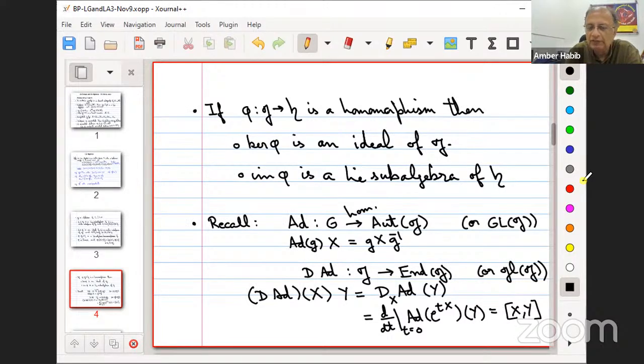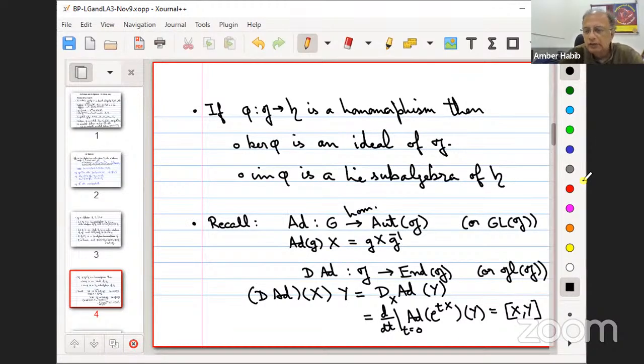Okay, what automorphism is it? So I have to say what it does to some member X of the Lie algebra, and it gives you g times X times g inverse. We already saw that the Lie algebra is closed under this operation. And then one checks that Ad of gh is Ad g composed with Ad h. So this Ad is a group homomorphism from G to the invertible linear maps on the Lie algebra.